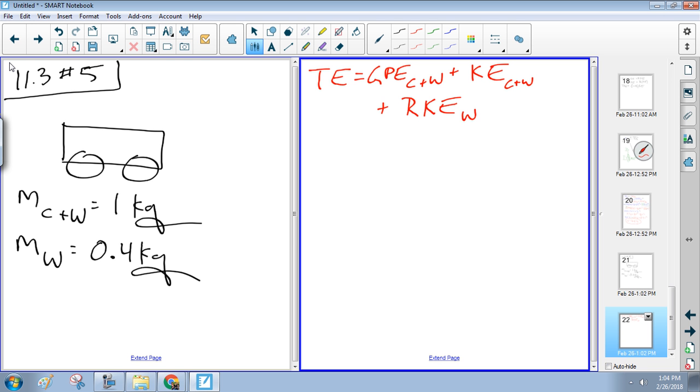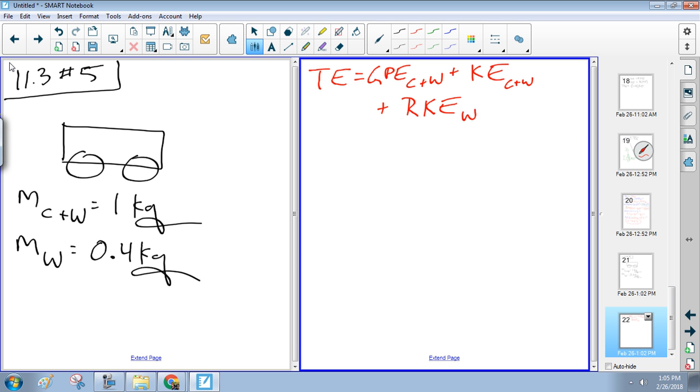Do you guys understand why I was able to say that the RKE there is more or less insignificant, but we can't do that here? And if it gives you the mass of the wheels, or you're unsure, then you should assume that's important.